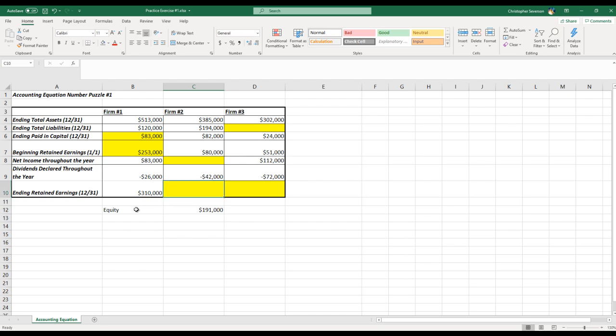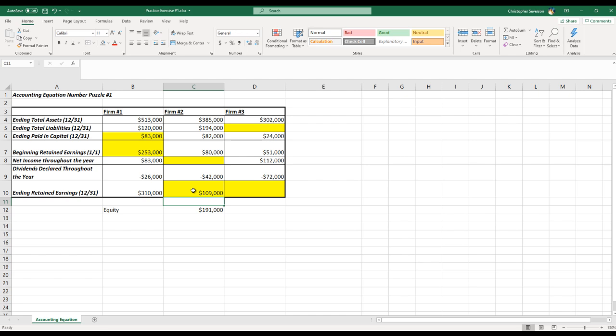In this case, we knew paid-in capital, but we didn't know ending retained earnings. So it's kind of the reverse of what we were doing earlier. Ending retained earnings must be the $191,000 equity minus this $82,000 paid-in capital. Those are the two components of equity. So ending retained earnings must be $109,000.